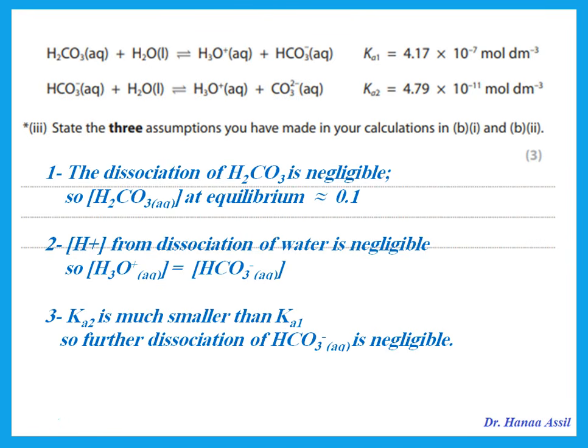Ka2 is much smaller than Ka1, and so any further dissociation of the HCO3 minus is regarded as negligible. These are assumptions that are made when we have a series of equilibria for the dissociation of an acid that has 2 protons. Remember that in this case, we're talking about an acid that has 2 protons. So first it gives up its first proton, and then it gives up its second proton.